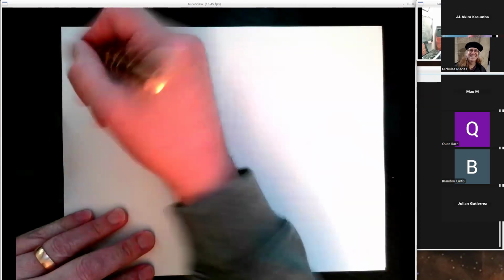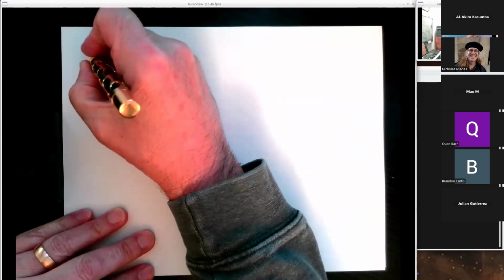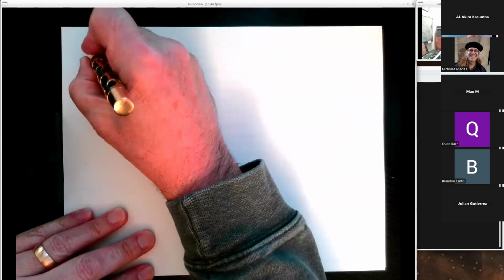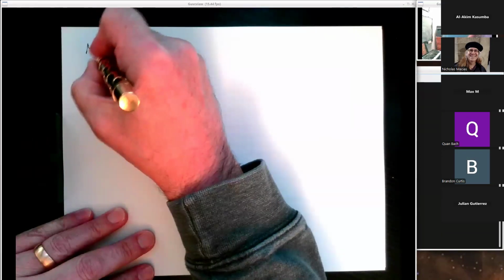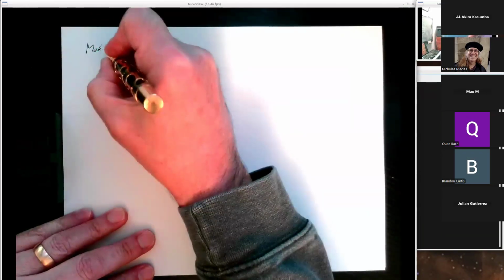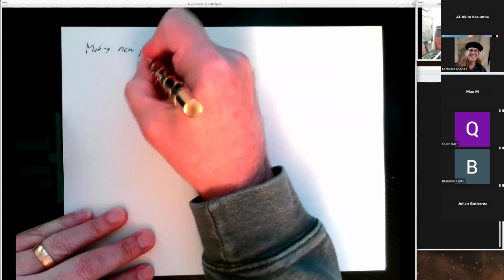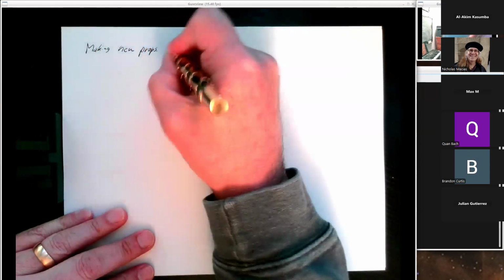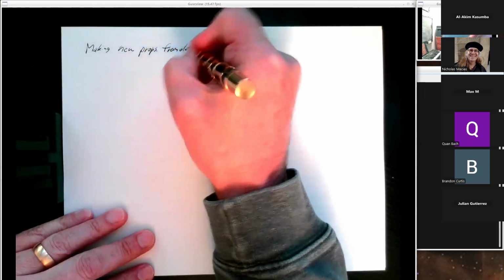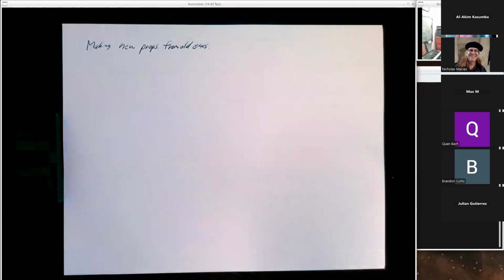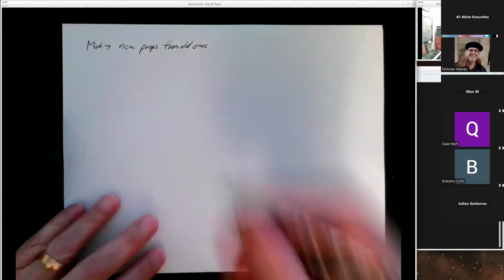So as with set theory, as with other things we'll be talking about, we're going to spend some time making new propositions from old ones. So if you have a proposition or a set of propositions, how can we come up with new propositions based on those? And so there's different operations we can do on propositions.